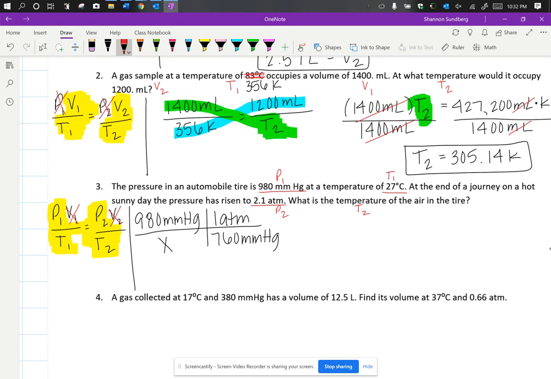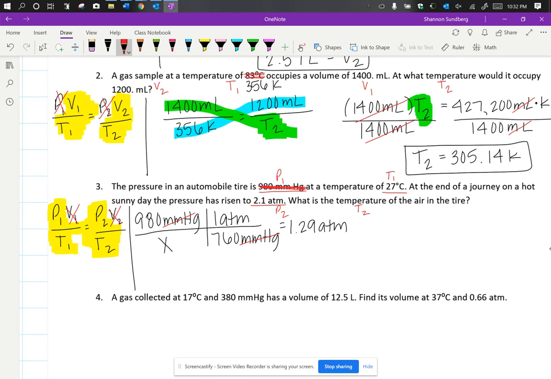Okay, and then when you multiply across, these things are going to cancel. So in your calculator, all you're going to do is take 980 divided by 760, and you're going to get 1.29 atmospheres. So the P1 that you're working with is not actually 980. So cross that off so you don't get goofed up.